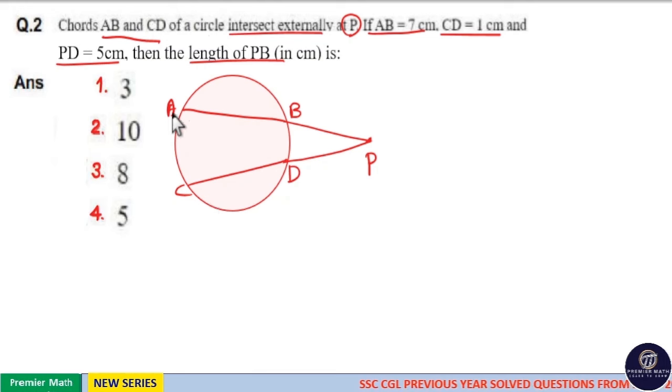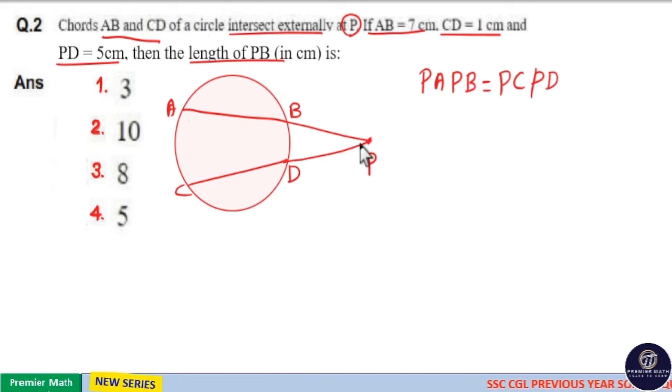When two chords of a circle intersect externally at a point, then product of the lengths of their segments are equal. That is, here PA into PB is equal to PC into PD.